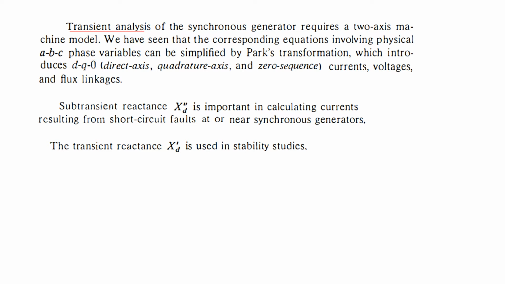This can be simplified by a transformation by Mr. Park, which introduced the d, q, and zero axes, that is the direct axis, quadrature axis, and zero sequence, and that is applicable to currents, voltages, flux, etc. That is why you will see the subtransient reactance is X double dash, and this d symbol represents that it is the direct axis. Similarly, single dash with d represents the transient reactance of the direct axis.